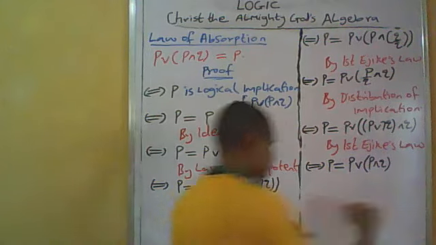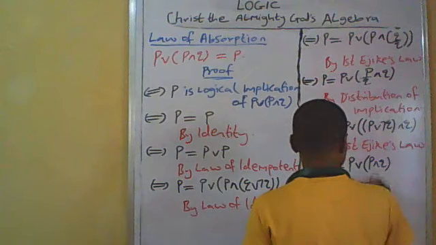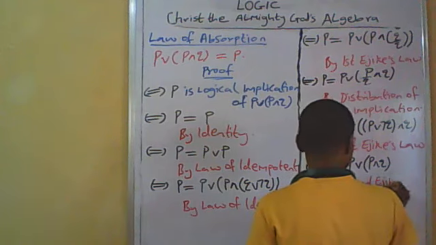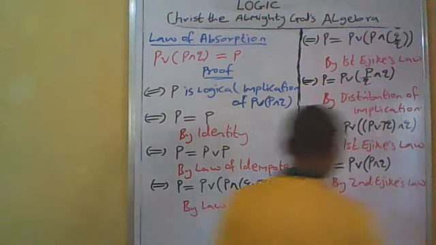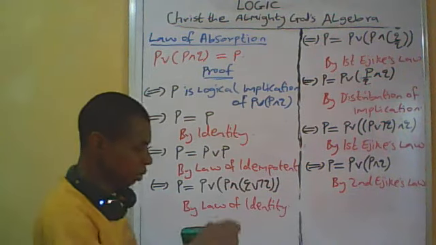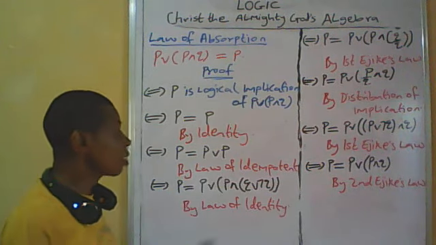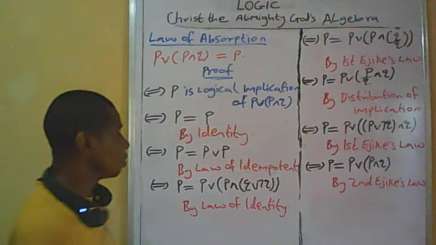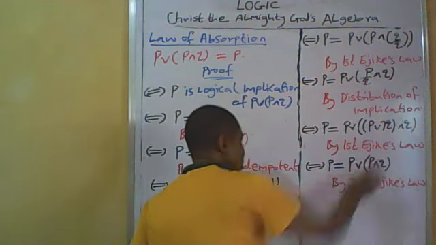Being justified by second case law, we have now proved the statement. Our converse, we have now proved our converse. That means P is equal to P or (P and Q).